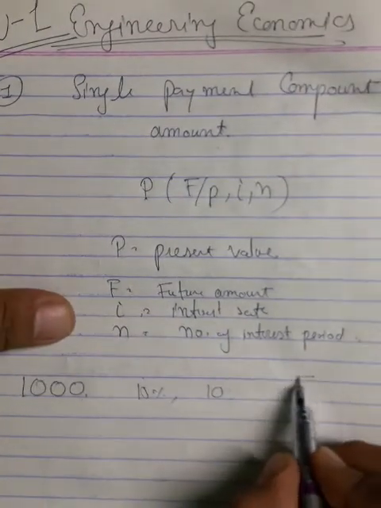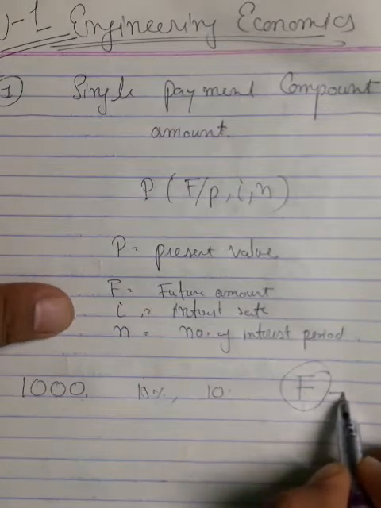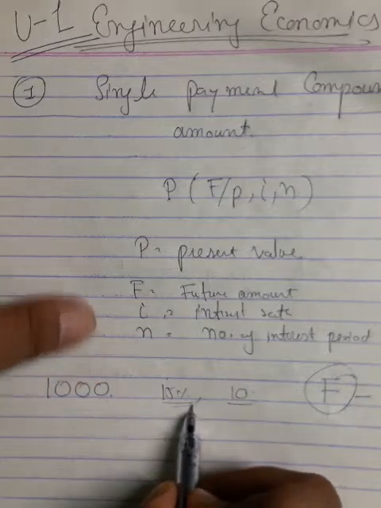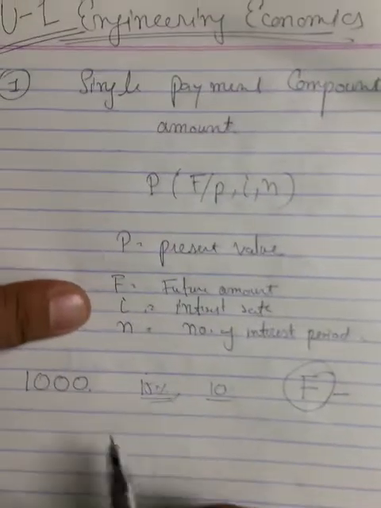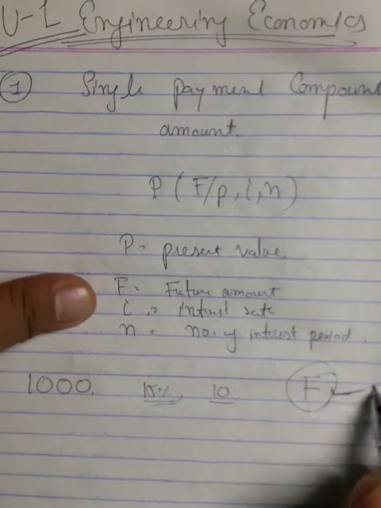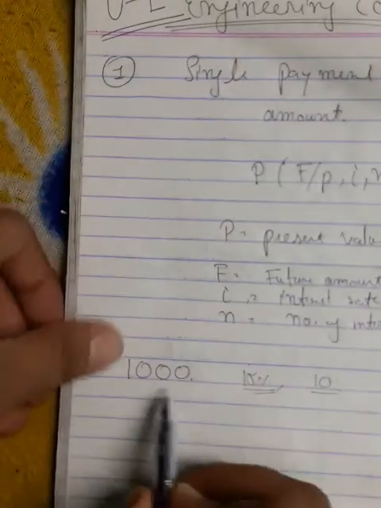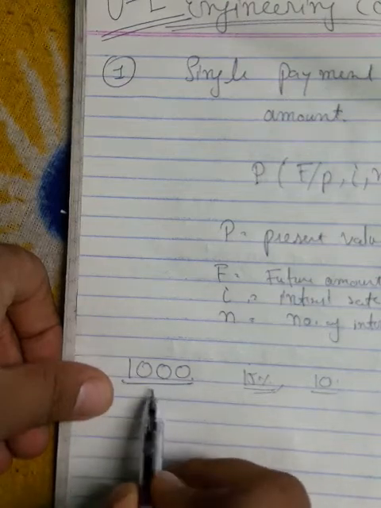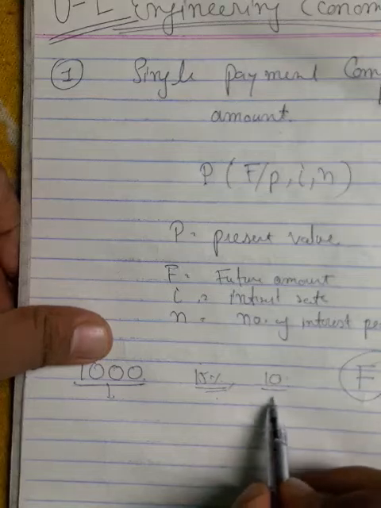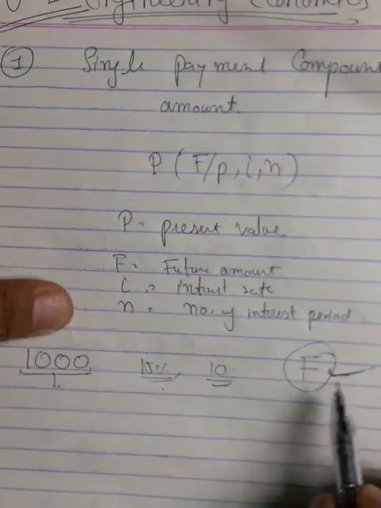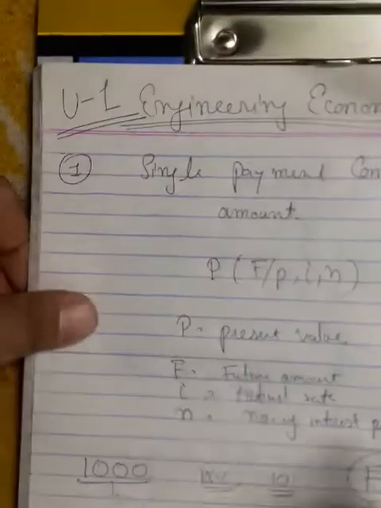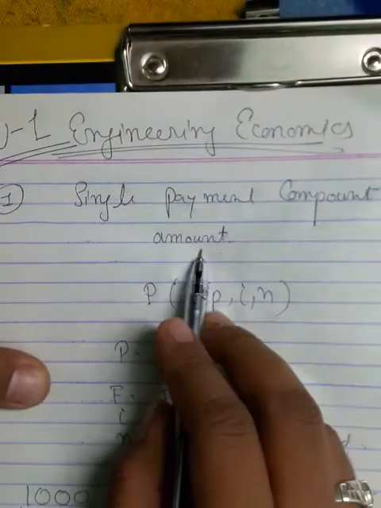Then how much amount am I going to get in the future after 10 years? We do not know the future amount, but we are investing 1000 rupees at 15% for 10 years, so basically we are going to find the future amount. That is the single payment compound amount.